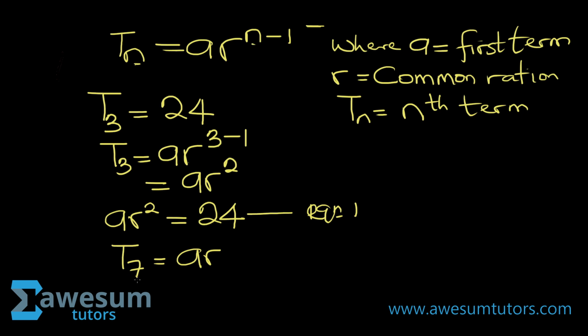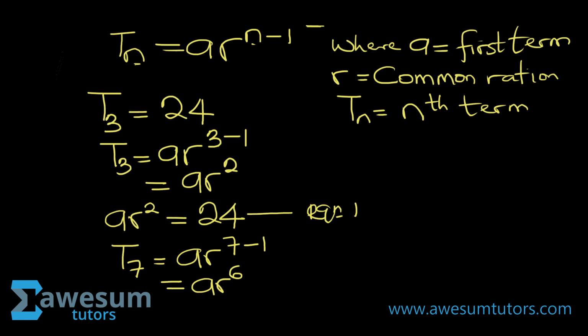Now this is T7, so you put 7 right here, minus 1. You put the 1 right there. So that means this is going to be A R, 7 minus 1 is 6. So the seventh term is equal to A R raised to the power of 6.